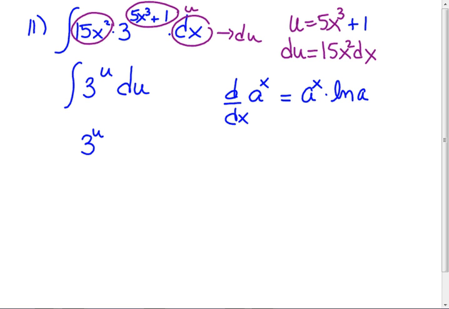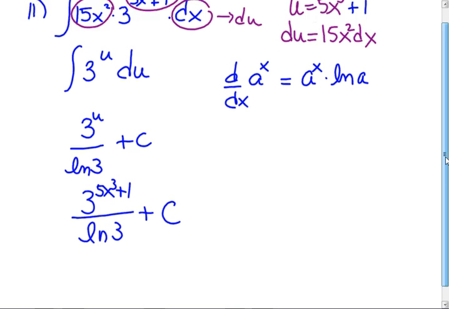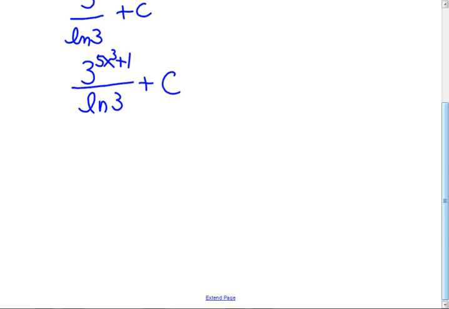If the derivative gives you times log of 3, then the integral will be divided by the log of 3. And so it's 3 to the u, which is 5x cubed plus 1, divided by the natural log of 3, plus c. And I know if it's right or wrong. How do I know? Take the derivative.